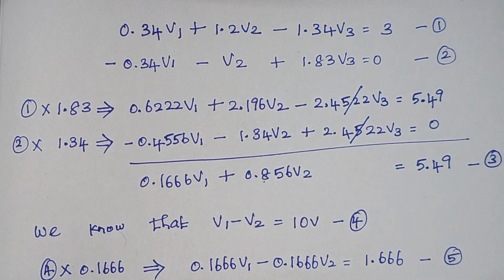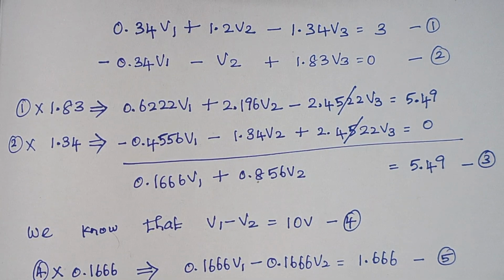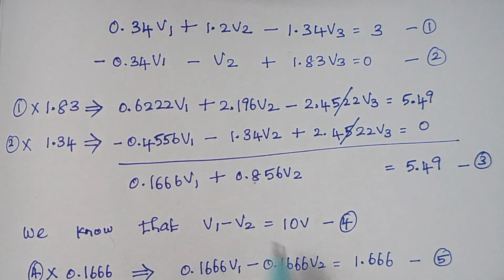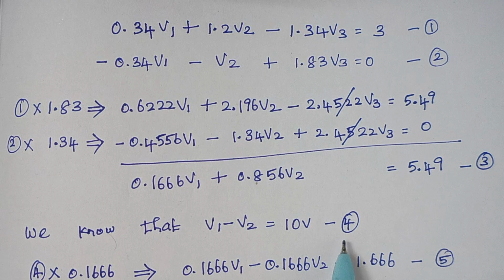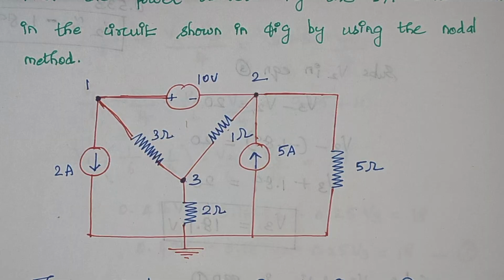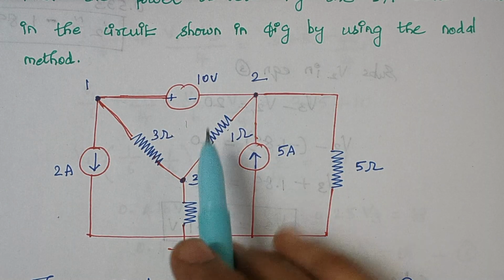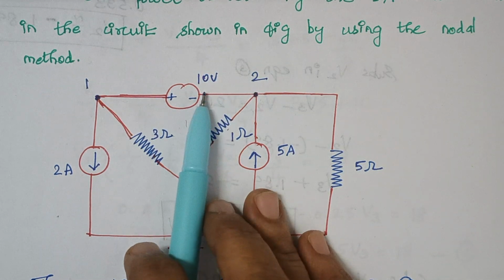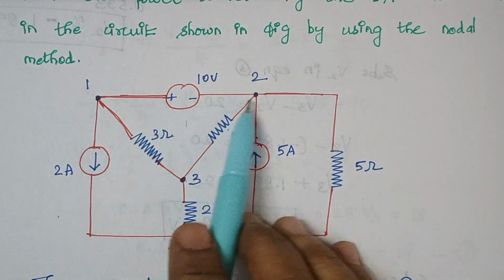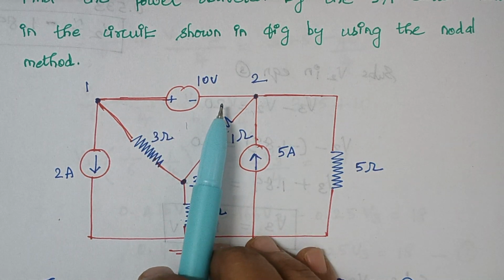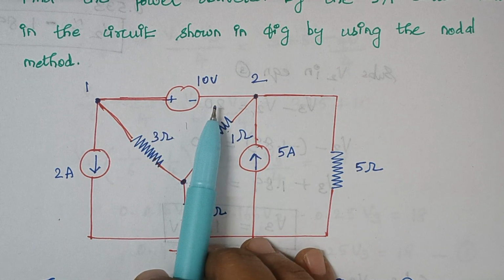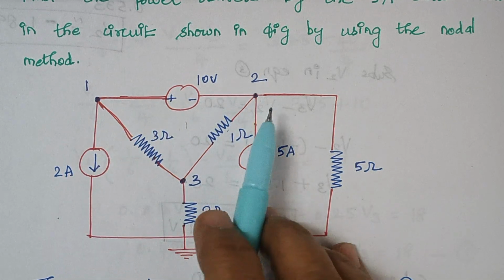While solving the equations, always keep this thing in mind, and let us write the equation number 4 now. Right, then only you will get a clear idea. So here this 10 voltage source is connected between your nodes 1 and 2. When you write this in the form of the equation, you should write this as V1 minus V2 equal to 10.